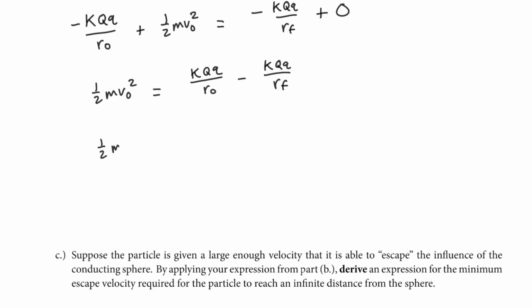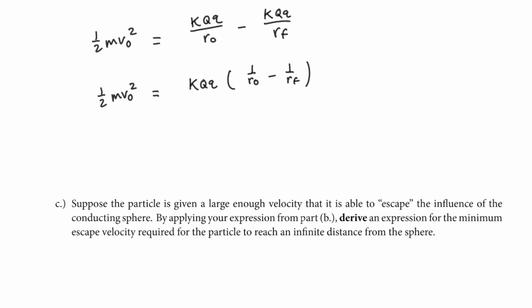So we could write 1/2 mv0 squared equals kqQq times 1 over r0 minus 1 over rf. Then we can multiply by 2 and divide by m. So we'd get v0 squared equals multiply by 2, divide by m. So we can get v0 by just square rooting both sides.